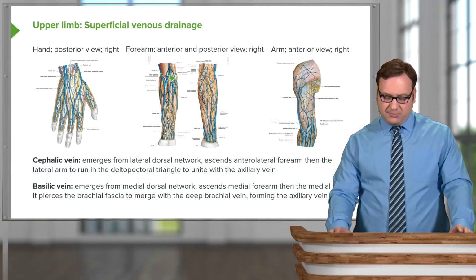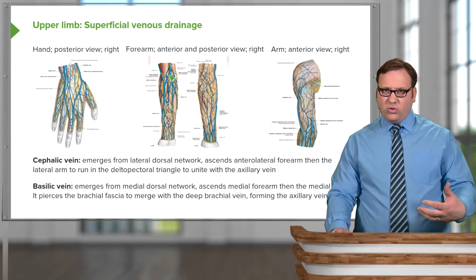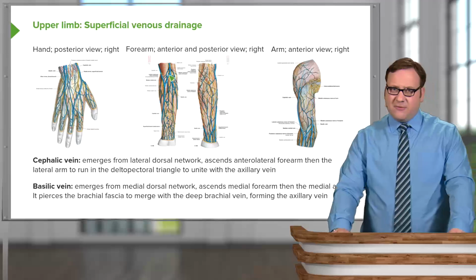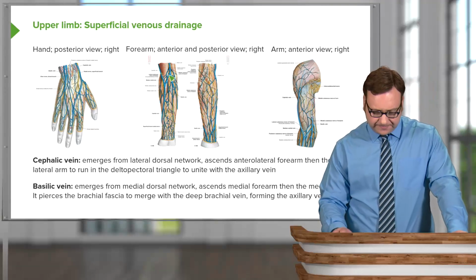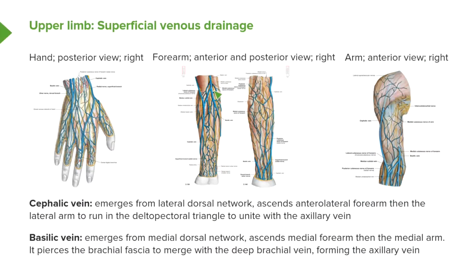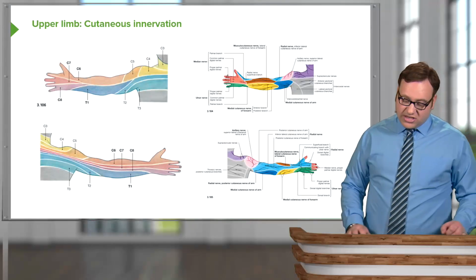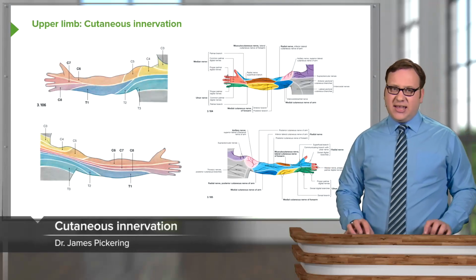This runs across, joining the cephalic and the basilic veins. And this is an important location for venipuncture if blood is to be removed from the venous system. A communication anterior to the elbow that connects the cephalic vein to the basilic vein. A very important communication. So now let's move on to cutaneous innervation.